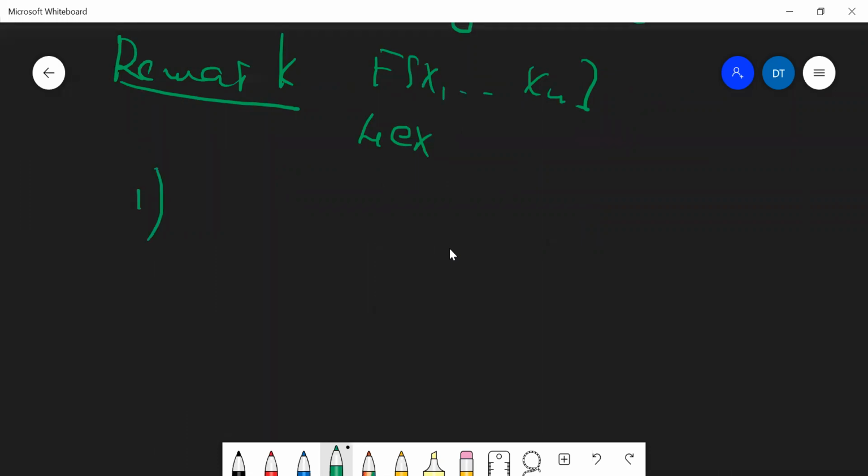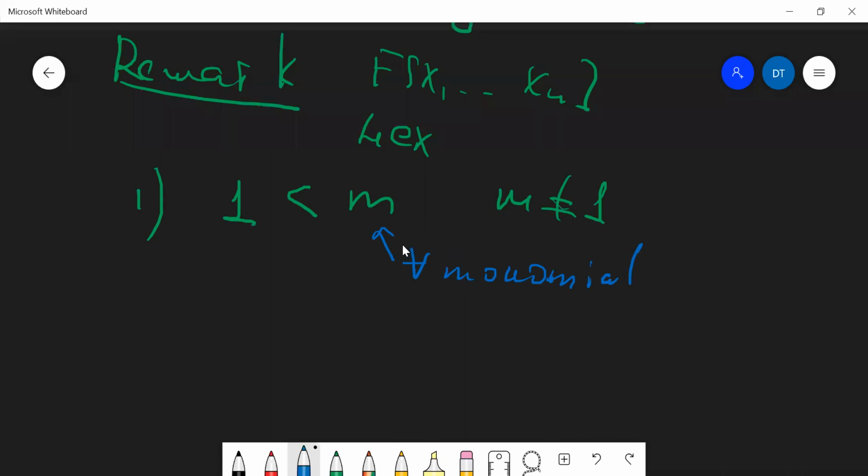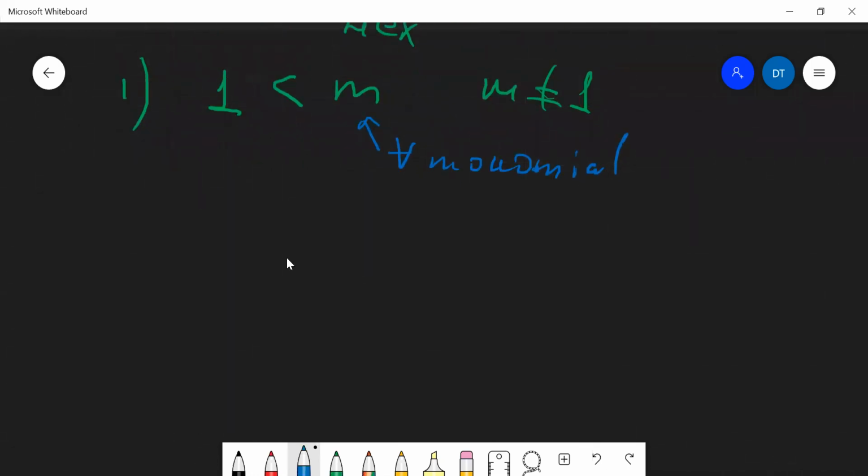So the first property: the monomial 1 is strictly smaller than any other monomial m, if m is not equal to 1. Well, this is just any monomial in n variables. This is true by definition, so that's why it's a remark and not a claim.